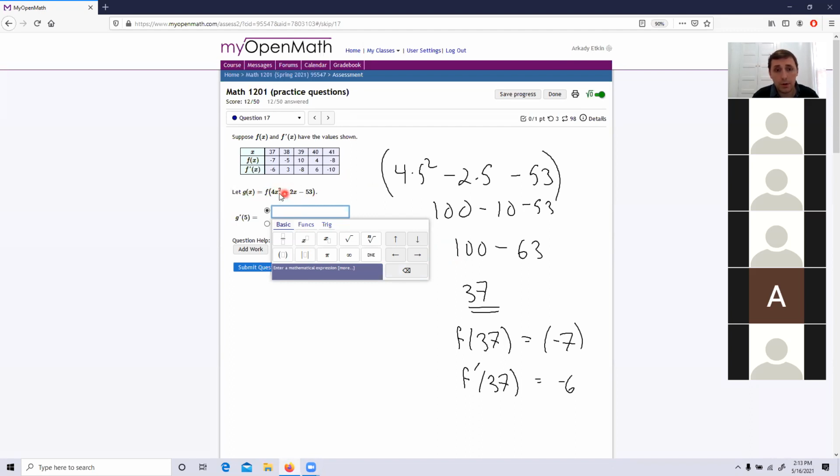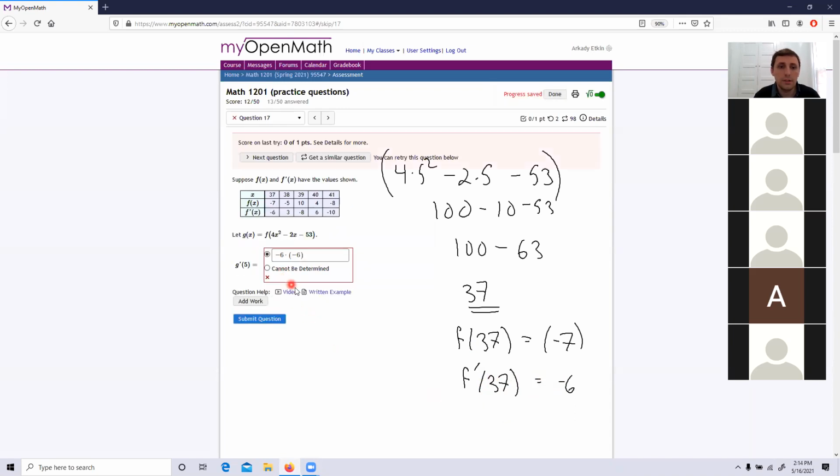So g prime of 37 would be f prime of 37, so it would be minus 6 multiplied by minus 6. Yes? So it's minus 6 times minus 6, and that's 48. No? I think 36, I mean.